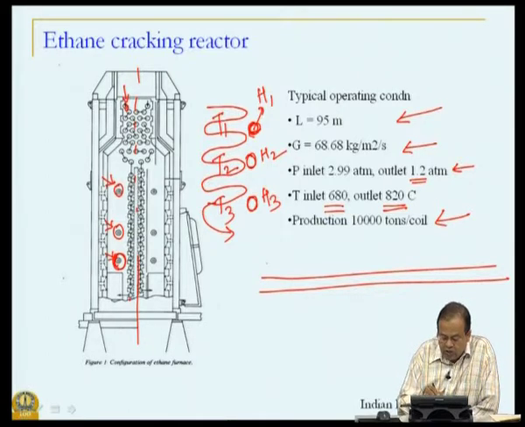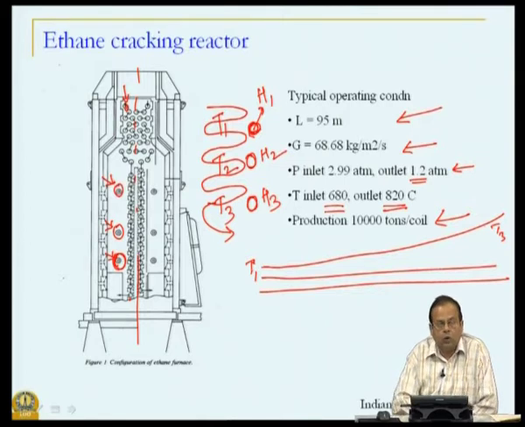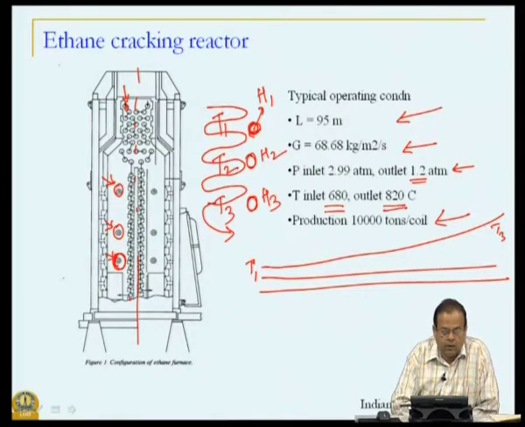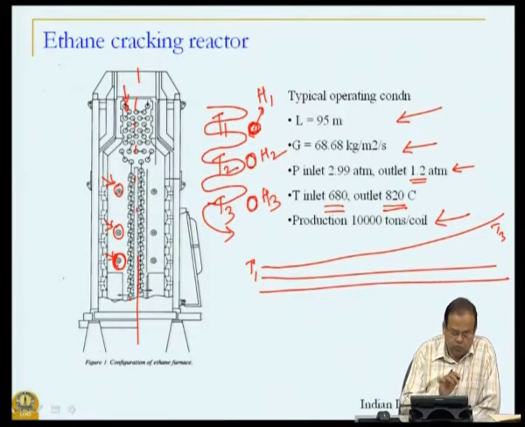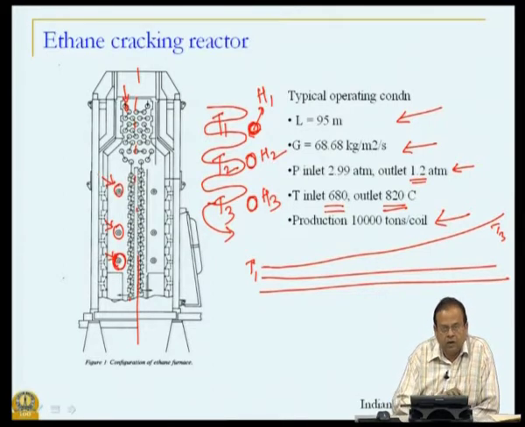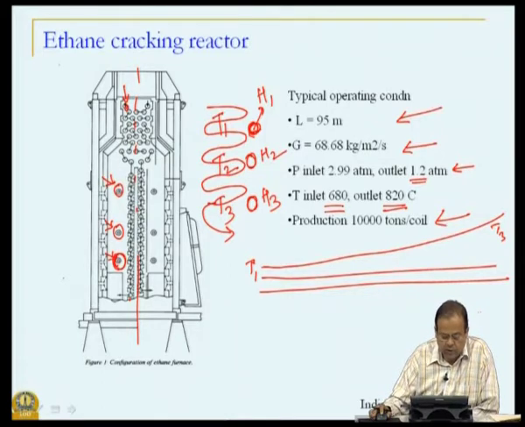So, essentially we have now generated a profile of temperature along the length of the reactor. For example, if I say this is my low temperature to a high temperature. Now, how exactly can we model this? At this point, let us not worry about how it is achieved. I will come to the model of this reactor itself, and then I will just mention how we can add to this model.